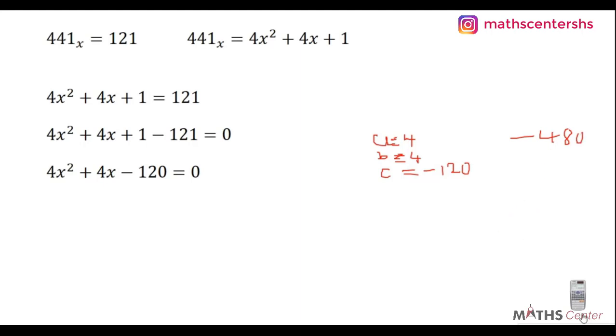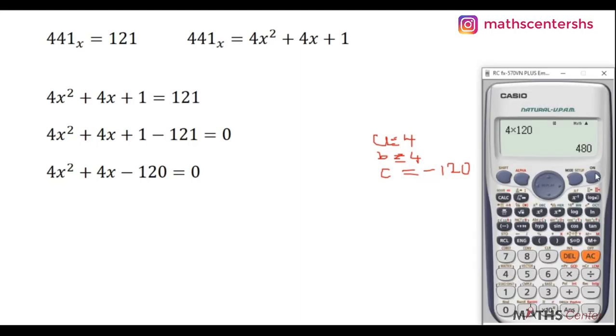Now you go ahead to use your calculator to find it. You press on, then you go to mode, you pick equation 5, you pick the third one, then A is 4, B is 4, C is negative 120, then you press enter.